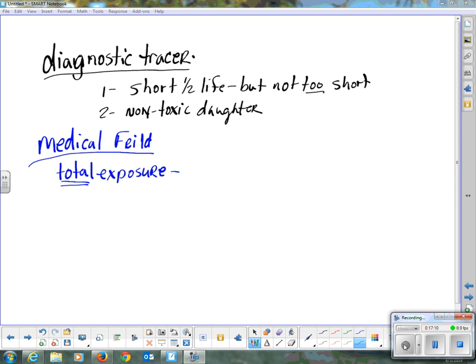We actually record it in REM. That's to get our total exposure. Roentgen, rad, and gray give us partial exposures to different types, but to get our total exposure as we're working in a medical field, we would need our REM. Radiation is harmful, remember, to human beings because it creates free radicals, which we talked about on the other side, which are highly reactive.